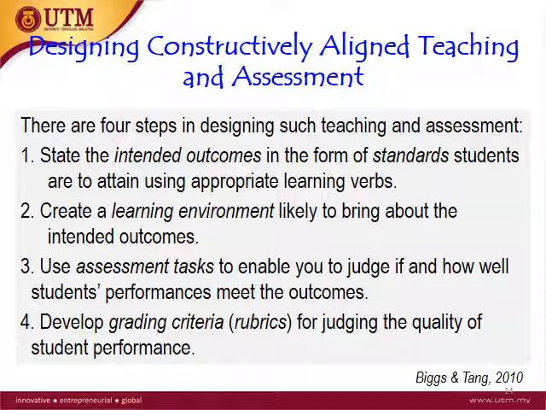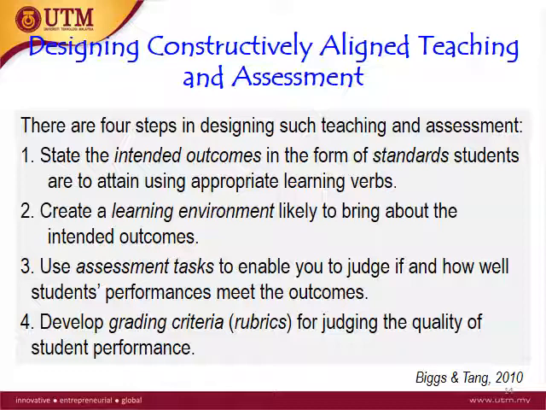First, we need to state the intended outcomes in the form of standards. That is why in the previous workshop we had emphasized, or you had learned, how to write the course learning outcomes using the guideline provided. Then you need to create the learning environment, that is the teaching learning activities, to bring about the intended outcomes.